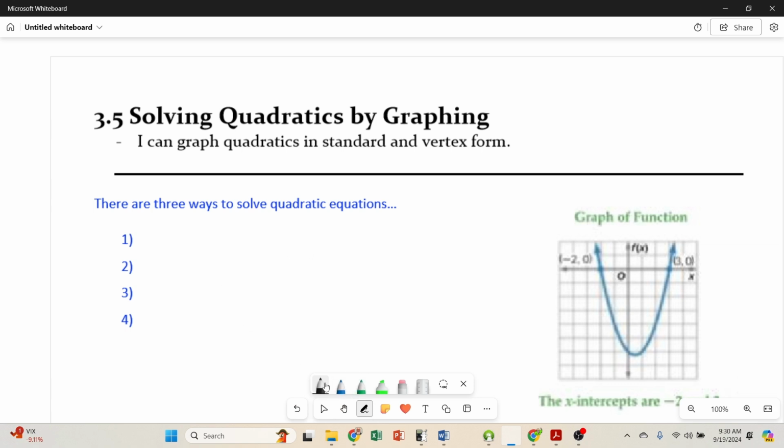Alright, so today we're going to talk about this: if you go on Google and type in "what are the three ways to solve quadratic equations," they're going to give you the three ways, right? One is factoring.